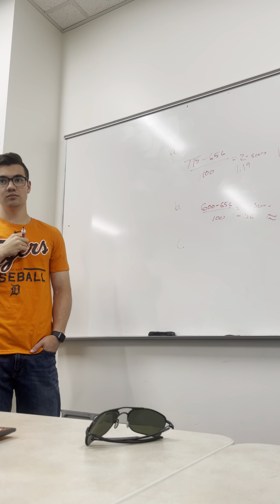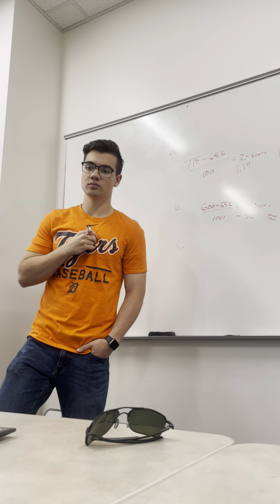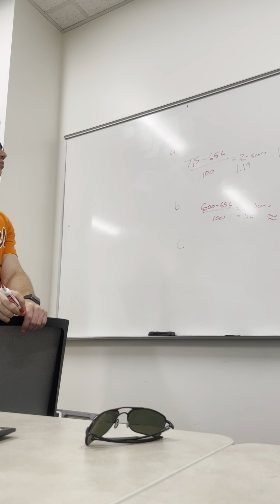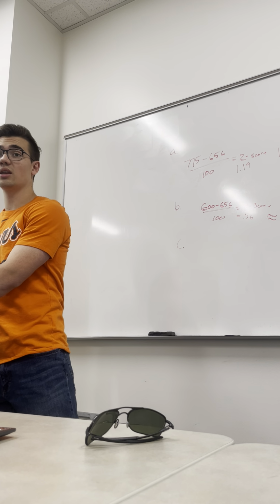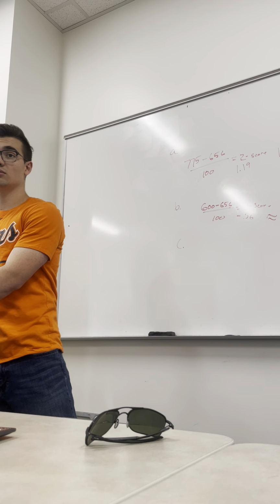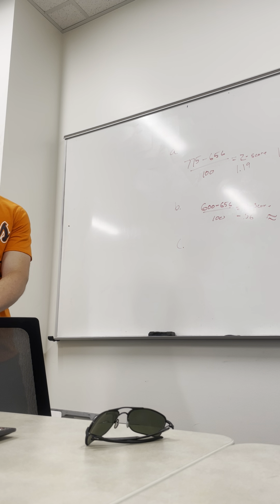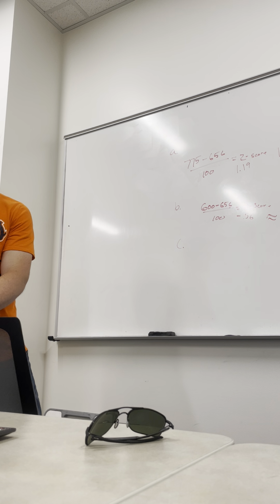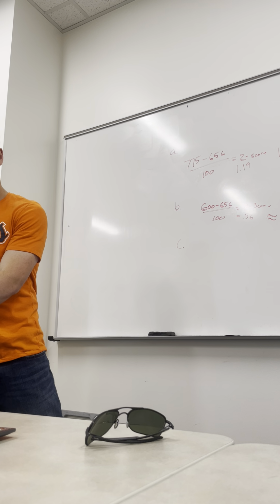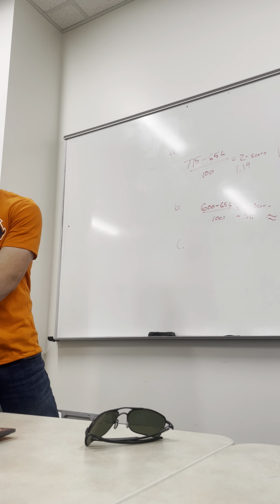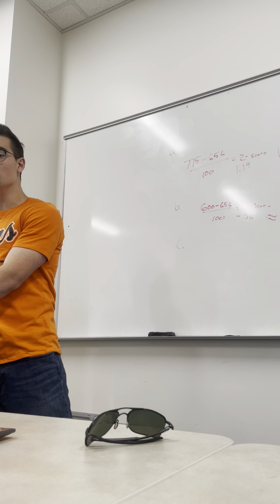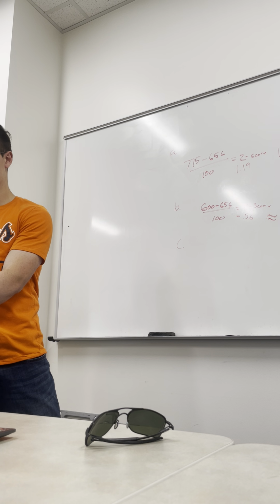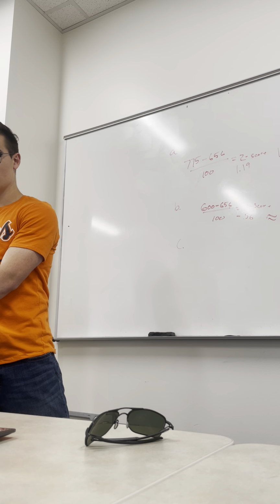Whoa, hold up. Question. The z-score is 1.19. You don't need to do 1 minus that, because it's asking for less. Well, it's asking what percentage of American drivers use more than 775 gallons. Oh, I'm sorry, I read that part wrong.